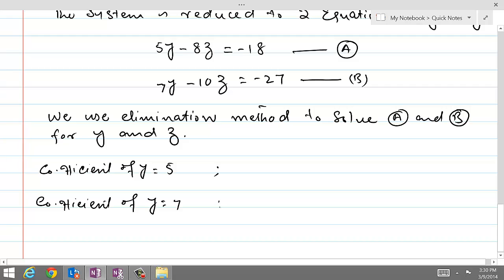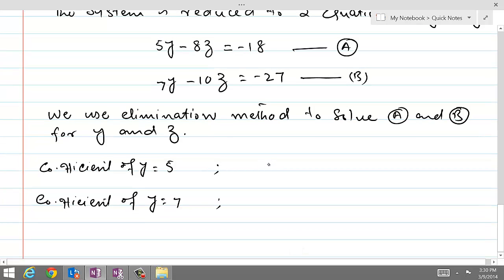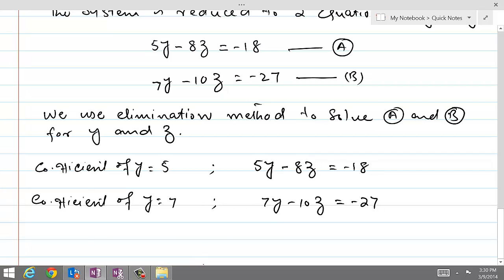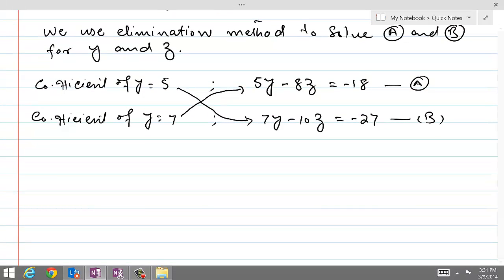And what we are going to do, we are going to write both those equations, 5y minus 8z equal to minus 18, and 7y minus 10z is equal to minus 27, and then multiply 7 with equation A and multiply 5 with equation B, so that the resulting equations have equal coefficients for y.